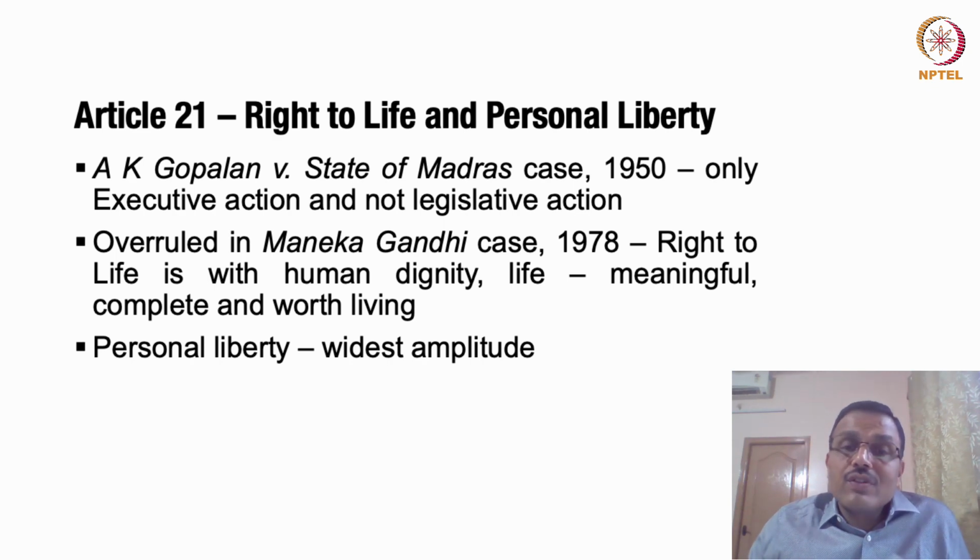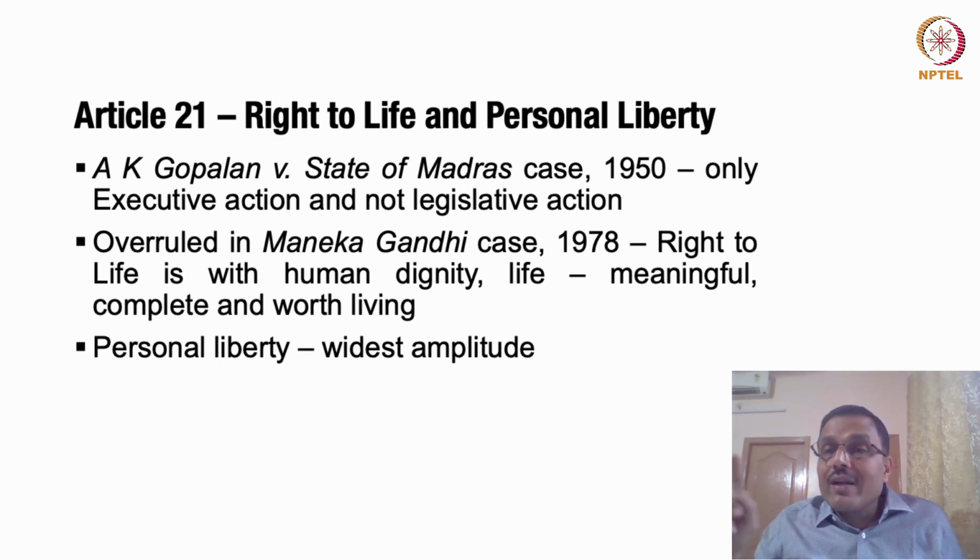So, if the law is just, fair, and reasonable, then to that extent, the procedure established under that law can, to some extent, curtail your life, curtail your liberty. And that's why Article 21 says you have right to life and personal liberty, but they can be taken away by procedure established by law.